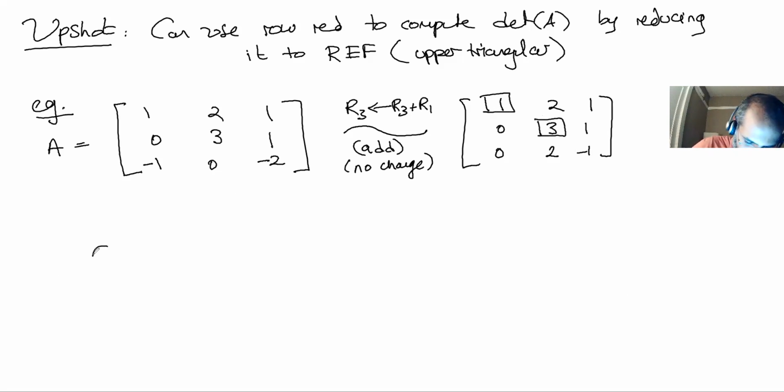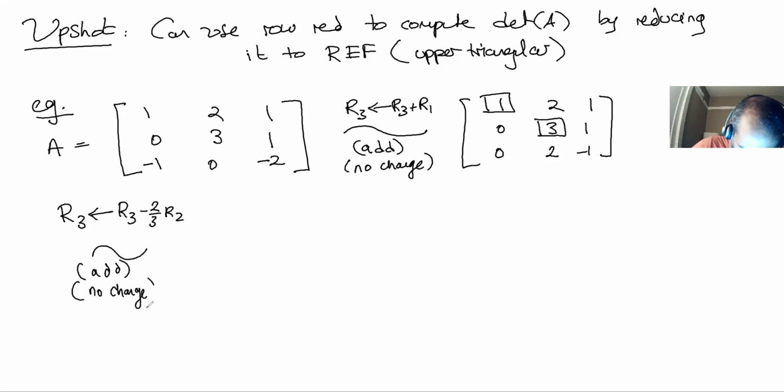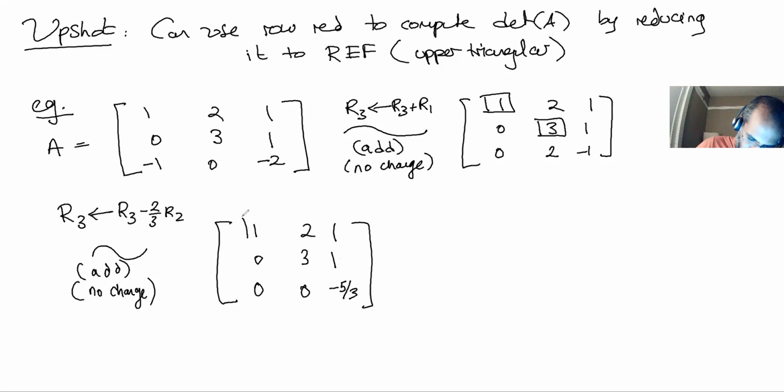So I have to do one more row operation. Let's do R3 gets R3 minus 2/3 R2. This is again an add operation. How does the determinant change? Doesn't change. So you get 1, 2, 1, 0, 3, 1, 0, 0, and now you get minus 1 minus 2/3, so that's minus 5/3. And now this is in row echelon form.